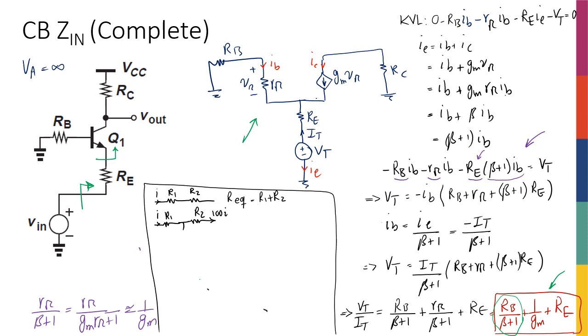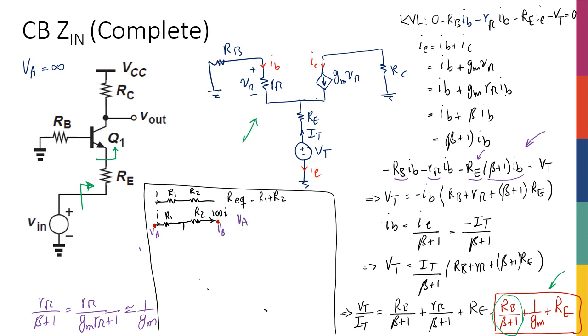But I can do this trick. If I wanted to write the KVL from this point to this point, it would have been R1I, sorry, so let's call it VA and VB.